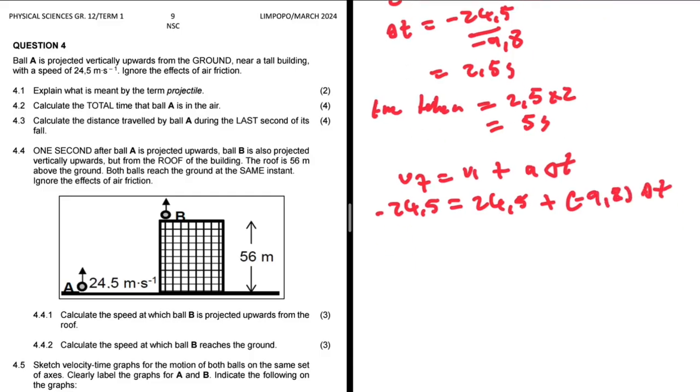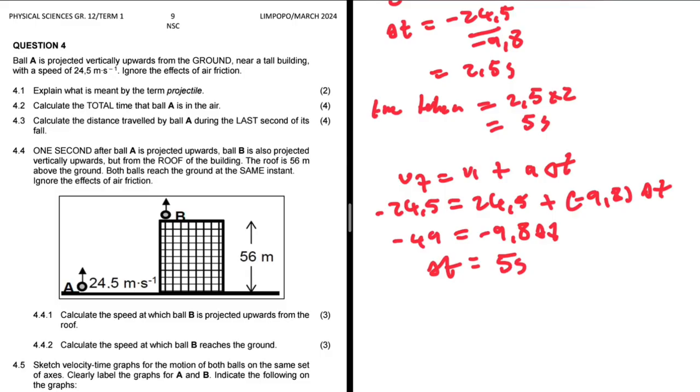So minus 24.5 minus 24.5, which is minus 49, equals minus 9.8 delta t. Delta t equals 5 seconds. Those are the two ways we can immediately answer that question.